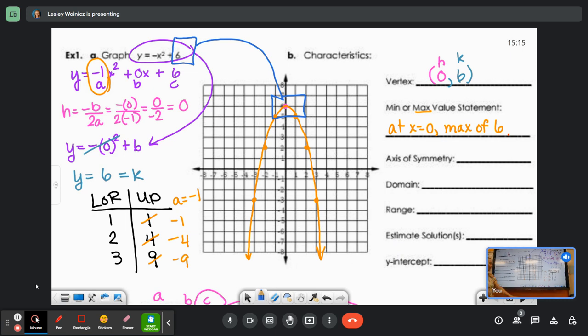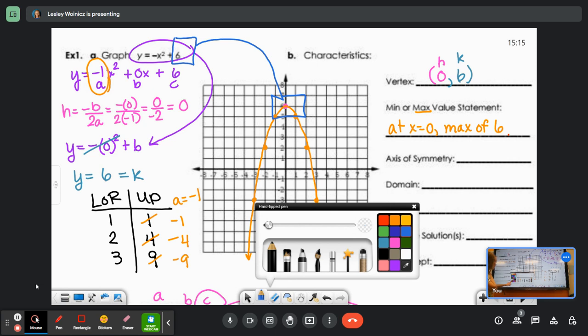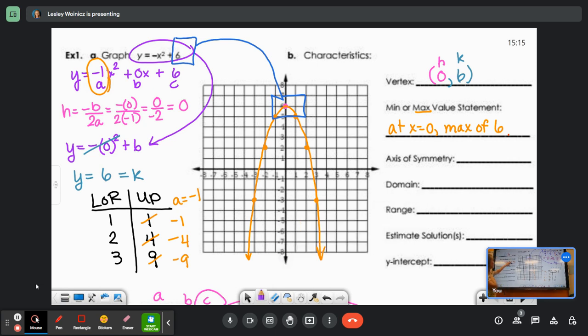All right, what is our axis of symmetry? 0 is just a number and I need a line. x equals 0. Okay, what about the domain? If I don't have any breaks in my graph, it's smooth and it goes on forever in both directions. All the real x values, good.